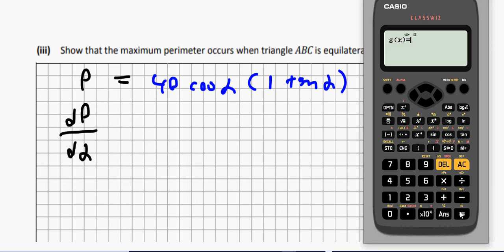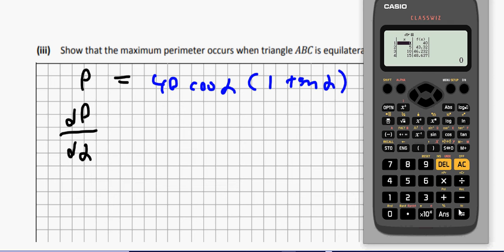I'm going to start at 0, end at 90, and go up in steps of 5, alright? Now it's currently in radians, so I need to fix that. Shift, setup, angle unit, degrees, and then press equals again. I might go through the full process again, just to make sure.